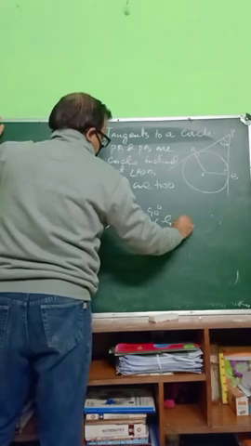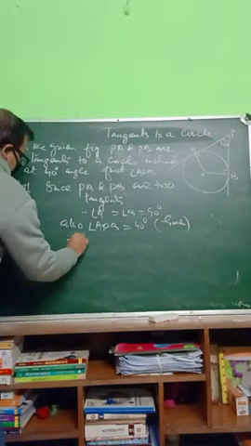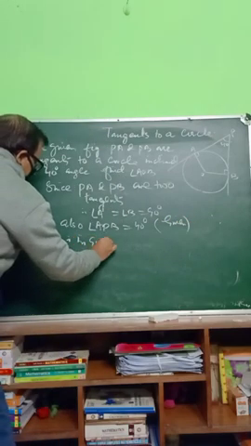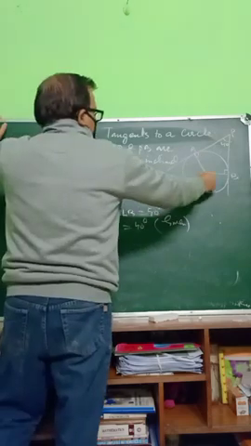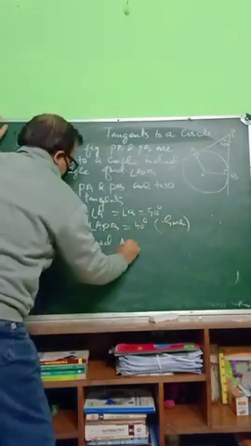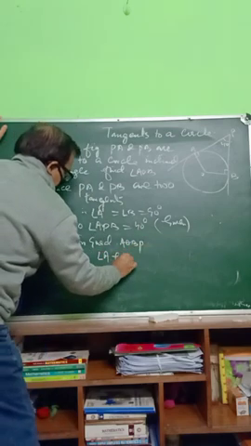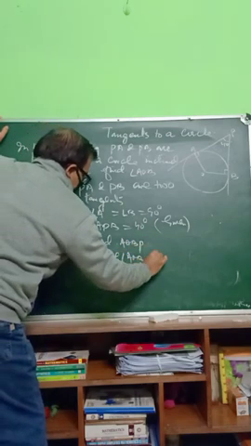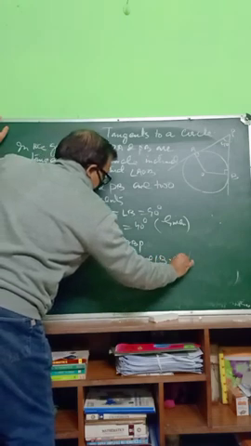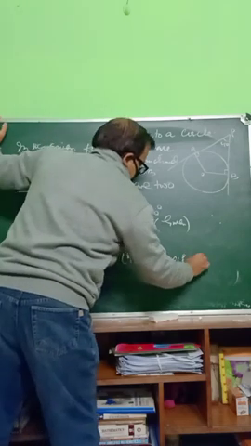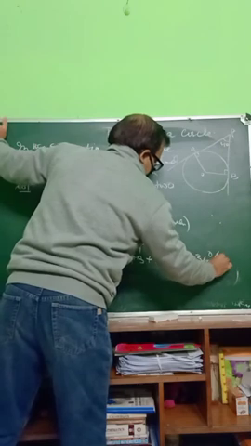It is given. Therefore, in quadrilateral AOBP, angle A plus angle AOB plus angle B plus angle P is equal to 360 degree by angle sum property.